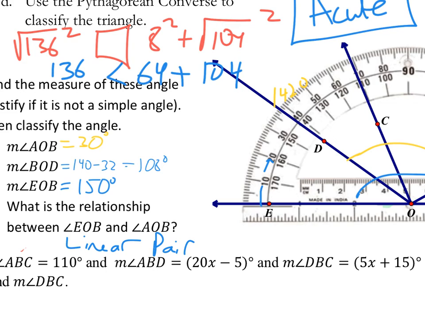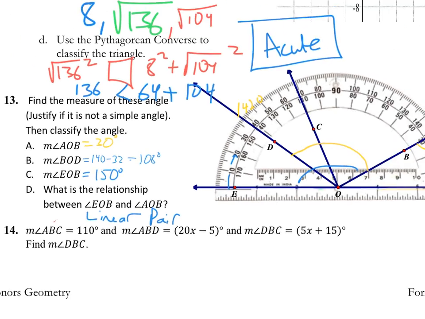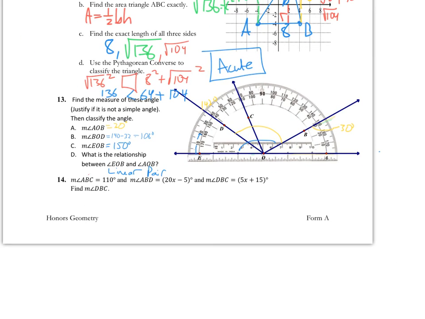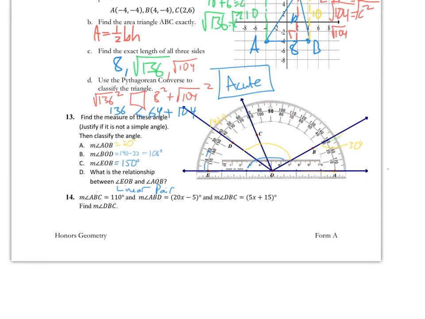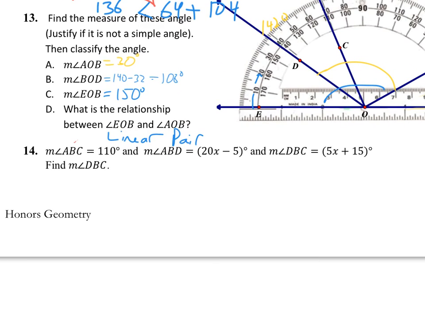All right, one more. So we've got a situation where ABC is 110. ABD is part of that, 2x minus 5. And DBC is 5x plus 15. Well, let's draw a picture. We got a 110 degree angle by ABC.